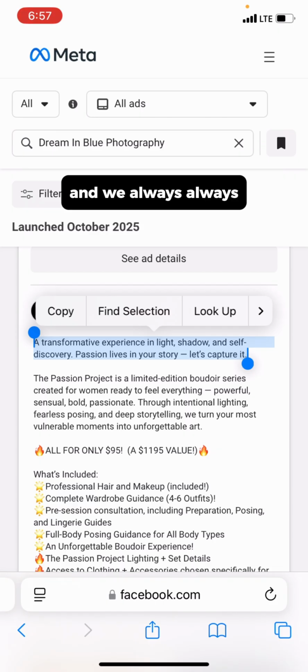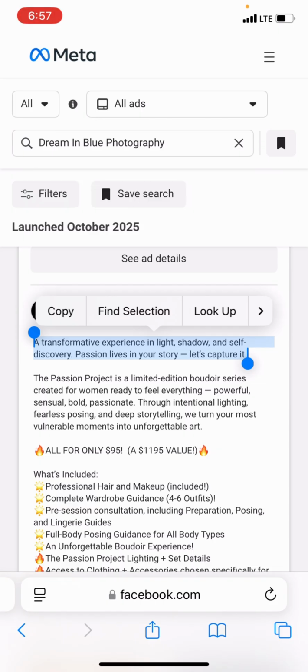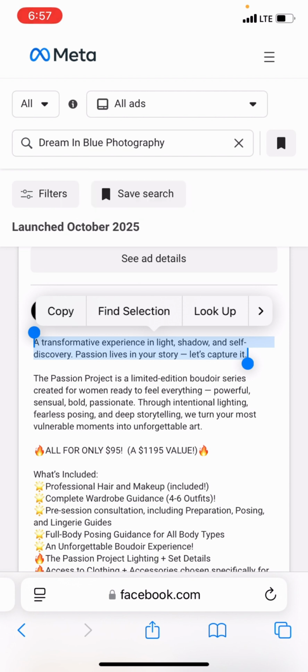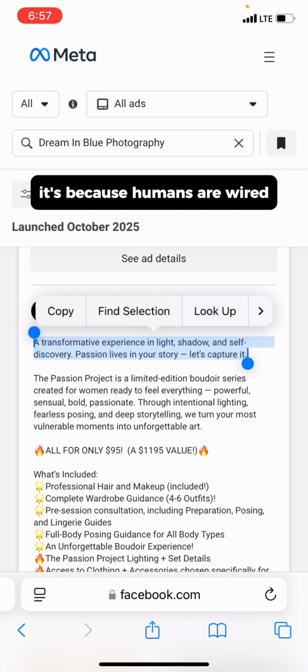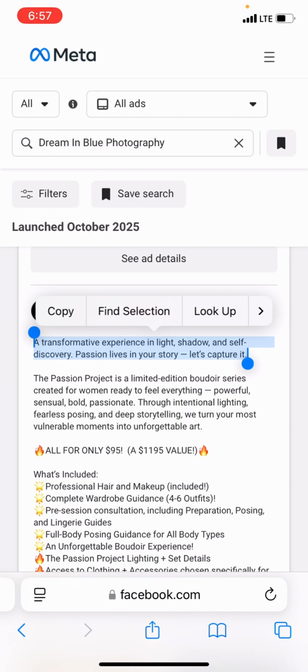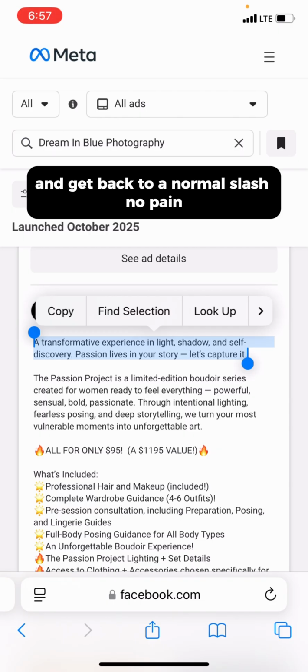And we always lead with the neg, aka always lead with the negative experience. And here's why. It's because humans are wired to move away from a negative experience, aka a pain, and get back to a normal / no pain / neutral / homeostasis state.